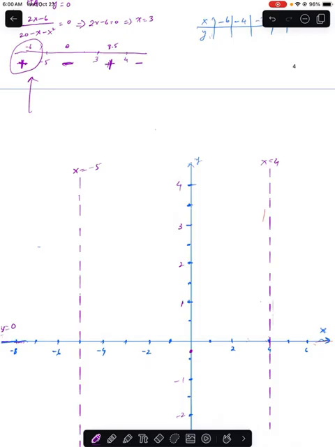So, for example, if you have a calculator, you can pick a point over here which is very close to -5, for example -5.2 or -5.1, and plug it into the function and see what number you get.